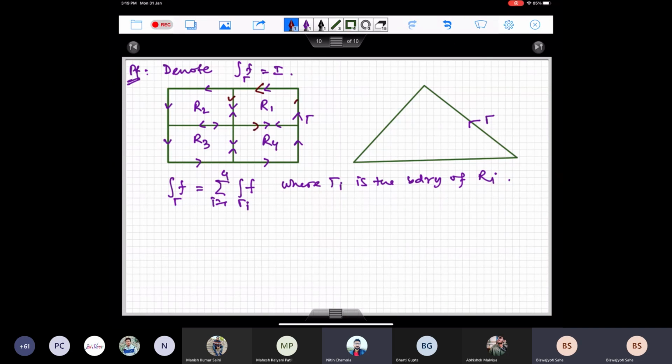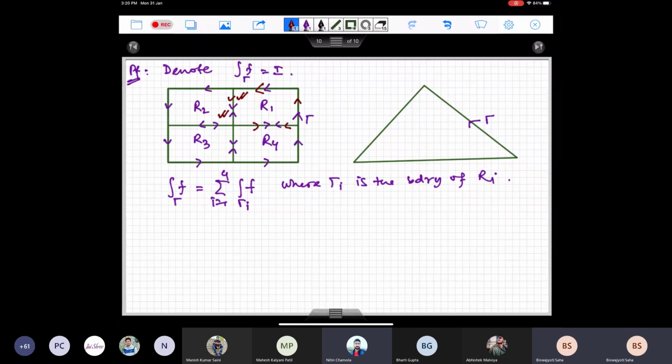Notice that the contribution from this internal part is cancelled by the contribution from the boundary of R4. Similarly, the contribution along this particular line is cancelled by the integral along the same line in the reverse direction when I consider the rectangle R2.